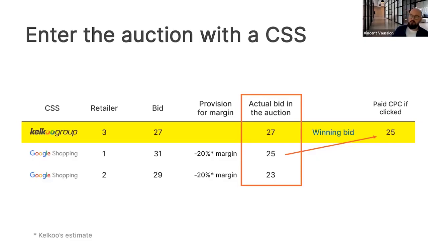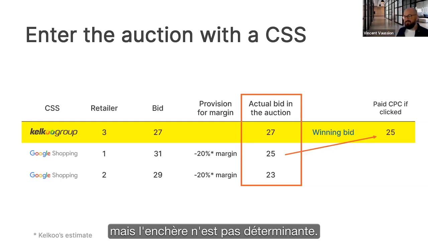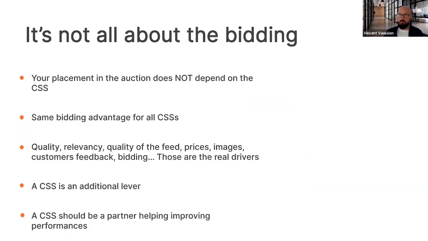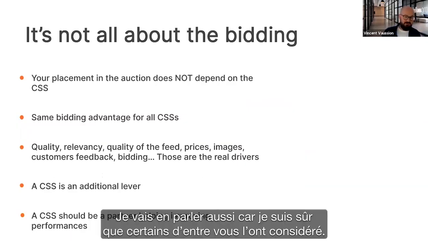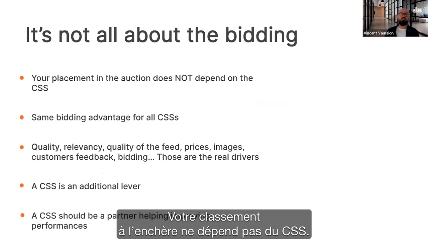So now, we've talked about the auction, but the auction is not all about it. Let me address that as well, because I'm sure some of you think that it's a possibility. The placement in the auction does not depend on the CSS.